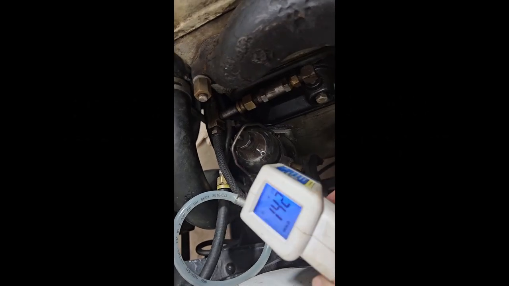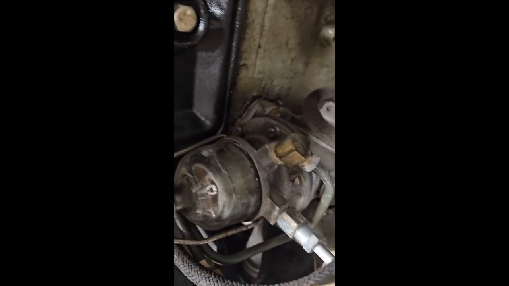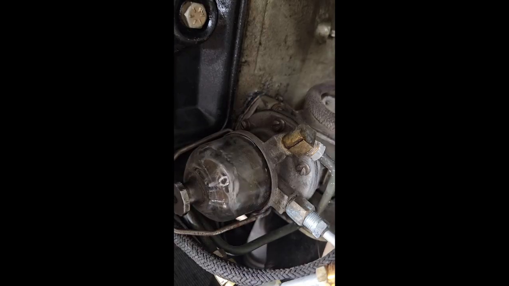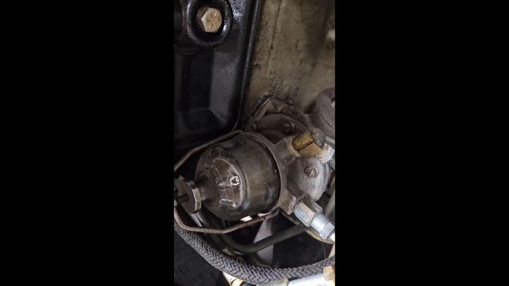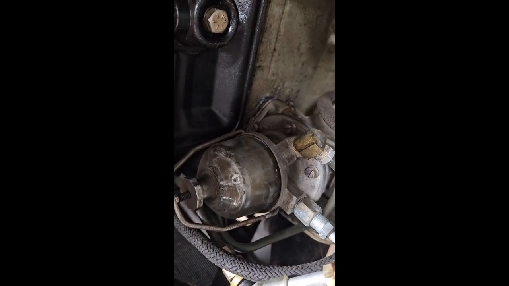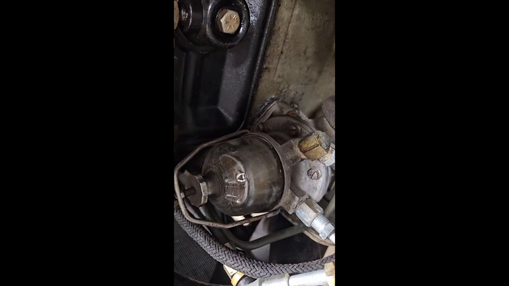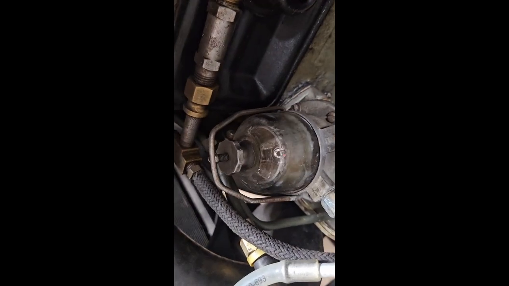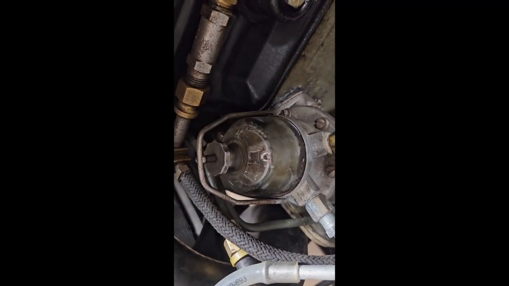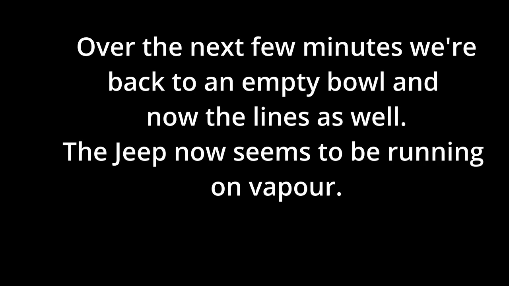50 minutes in and the bowl is starting to fill with vapor again. Over the next few minutes, we're back to an empty bowl, and now the lines as well.